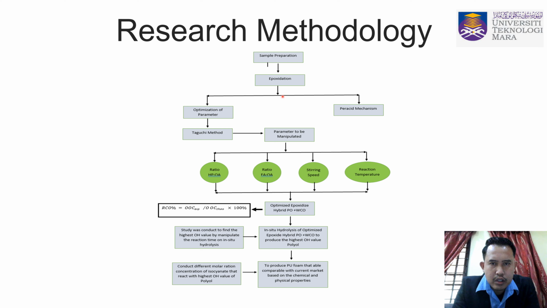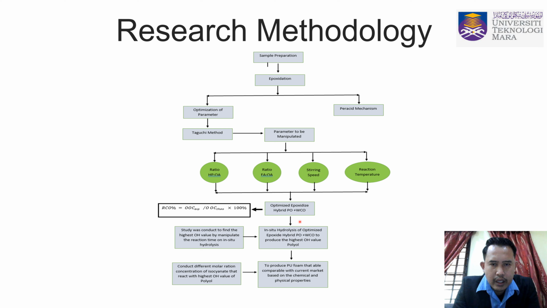So this is our research methodology. We will collect the sample and then do the epoxidation. And epoxidation is actually divided in two, the performic mechanism. So after the performic mechanism, we go to optimization of the parameters using the Taguchi method. In the Taguchi method, we manipulate 4 items: ratio of HP to OA, ratio of FA to OA, speed of the reaction, and reaction temperature.